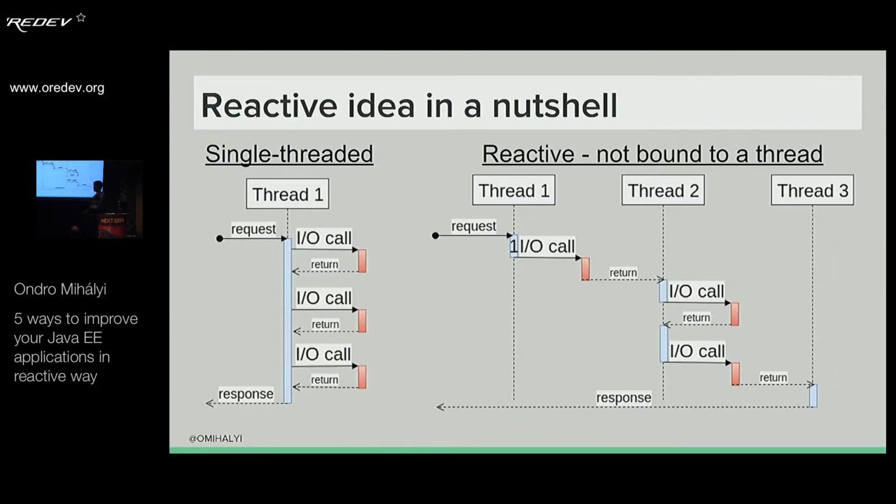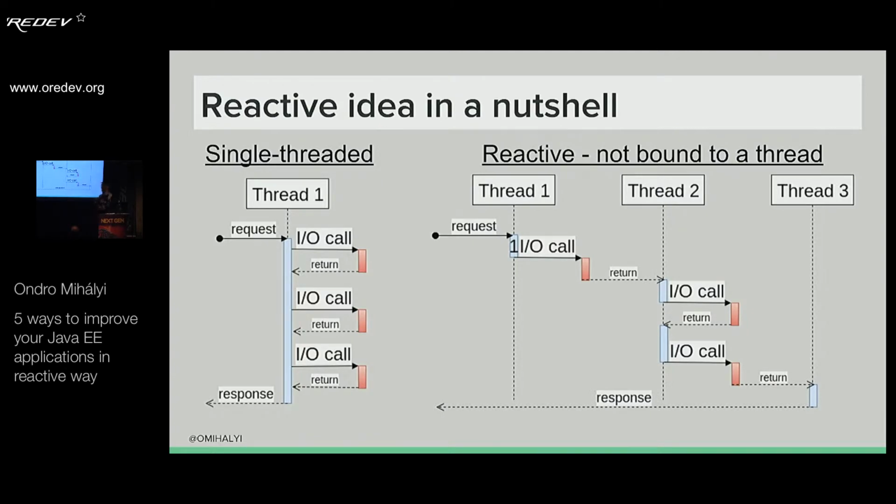And what we need to do is to execute a request for resources, for data, in an asynchronous way so that when the request is finished, our application is called back. And the callback can be executed on a different thread.